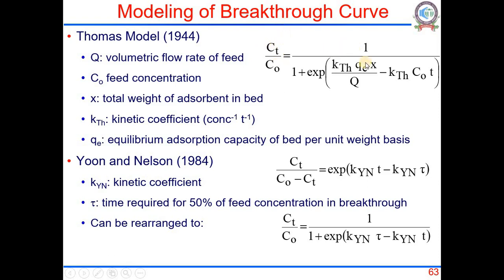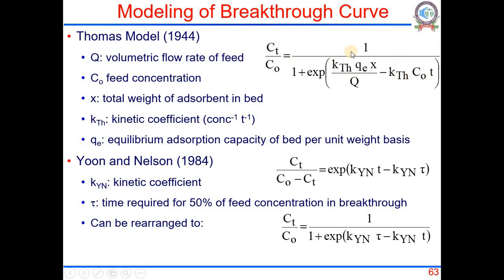So this would be 1 divided by 1 plus exponent of kth. kth is a kinetic constant, tells you how fast the adsorption is occurring, takes into account all the mass transfer resistances and diffusion resistances, actual rate of the adsorption or rate of the ion exchange. qe x by q, x is the total weight of the adsorbent in the bed, minus kth C0 t. So kth again is the rate constant, C0 is the feed concentration, and t is time.